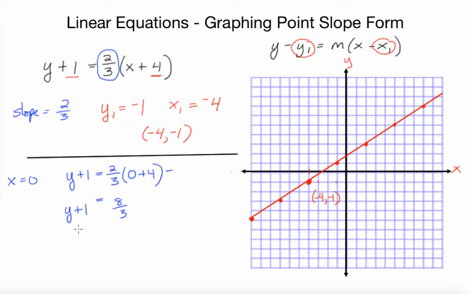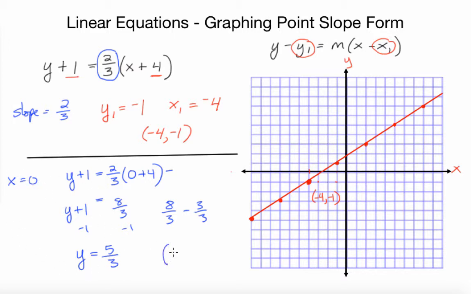If I subtract 1 from both sides, we see that y is equal to, subtracting 1 would be subtracting 3/3. So I could think of that as 8/3 minus 3/3 to get common denominators, which means that y should be 5/3. So that's finding another point. I could actually be more algebraic that way.